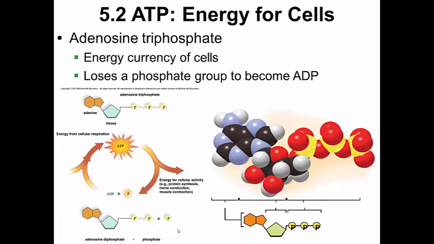Now, it's interesting to note that you're able to store certain forms of energy in your body. You store energy in the form of carbohydrates, such as glycogen. You store energy certainly in the form of lipids, such as triglycerides. But you do not store much ATP at all. At any given time, you have enough ATP on hand to last about 60 seconds. And so you're continually making ATP and then using it, making it, using it.